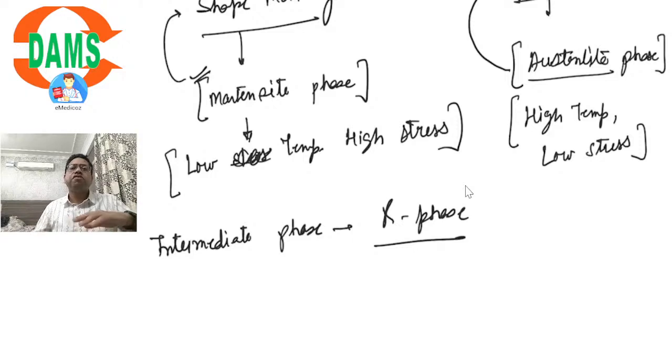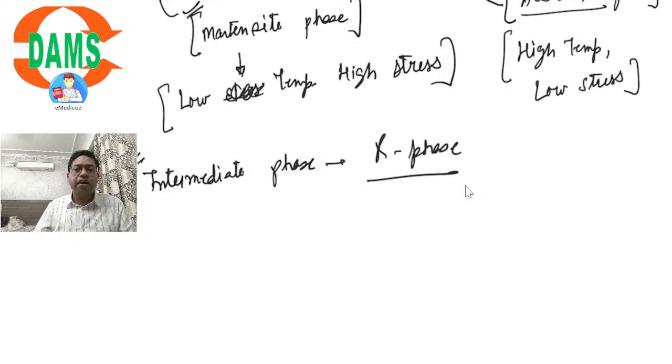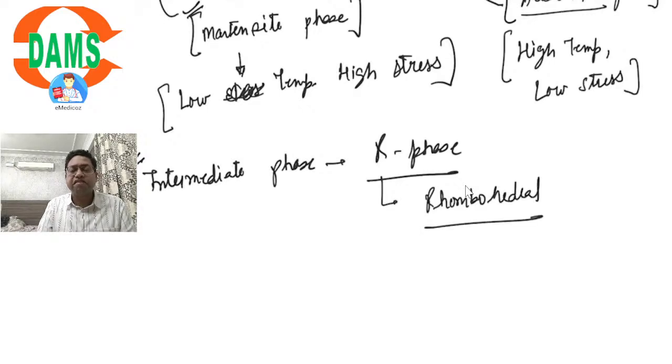So there is a continuous transformation from martensite to austenite and vice versa. And during this transformation from one phase to another, it undergoes an intermediate phase that is called R phase. R indicates rhombohedral. It is the crystal structure of this phase. So martensite, austenite, and austenite to martensite transformations.